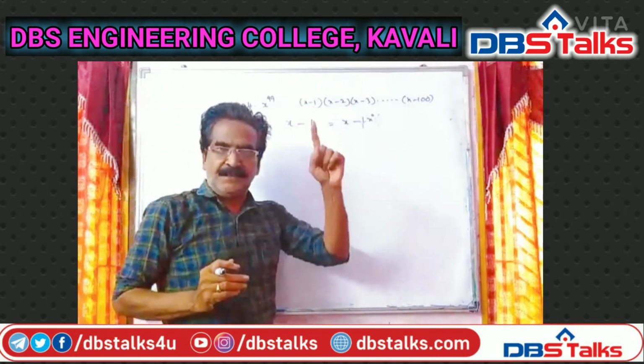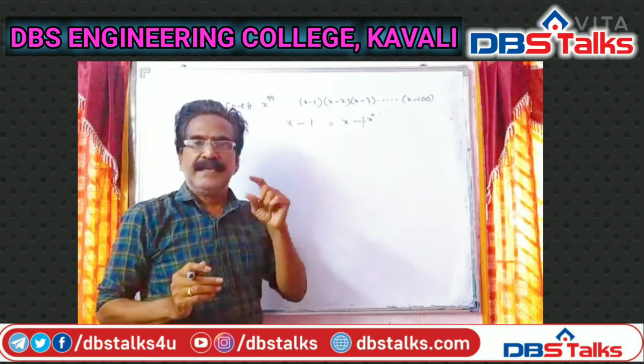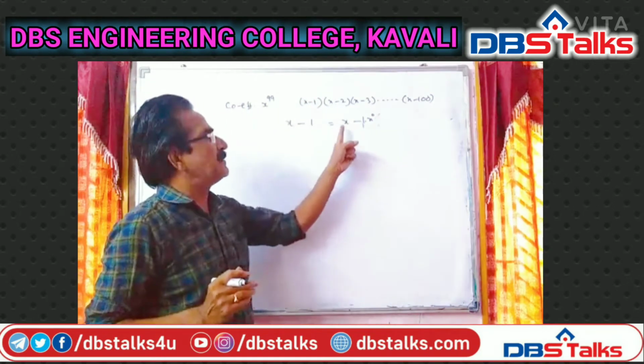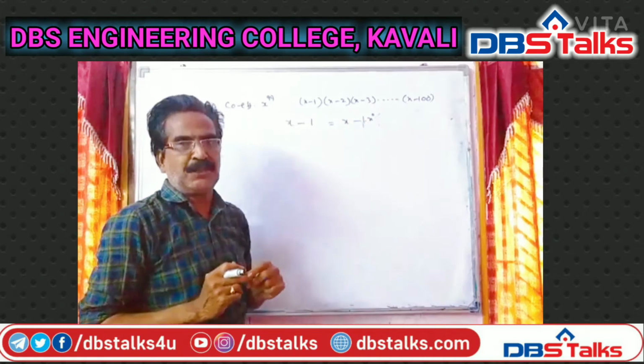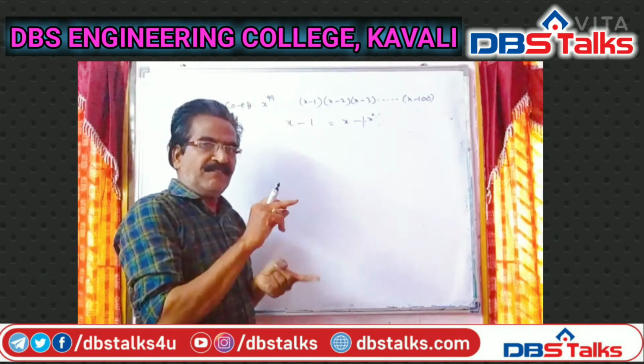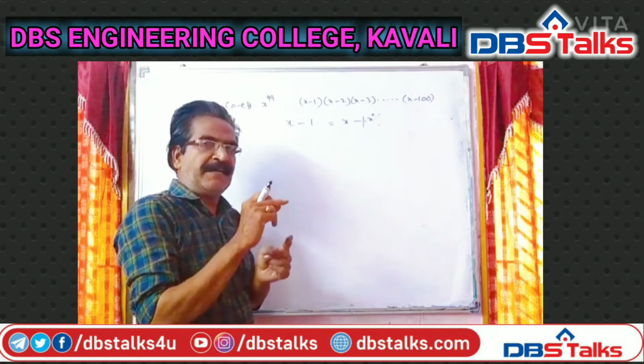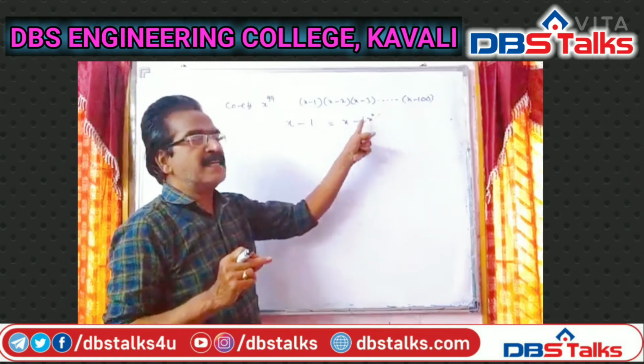If you take one term, x minus 1 is equal to x minus 1 into x power 0. So, if you take one term, the coefficient of x power 0 is minus 1.